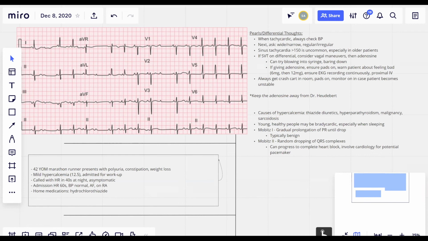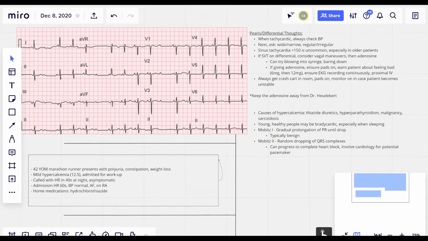And I think that for me, that was really important to learn. And then the other thing that I learned was that thiazide diuretics should not be blamed all the time for a hypercalcemia. If you see a hypercalcemia, don't immediately blame the diuretic. You want to get a PTH level. Yeah. Or in this case, something else.